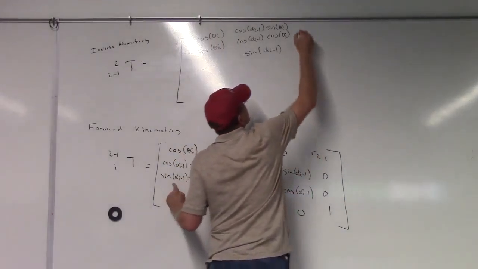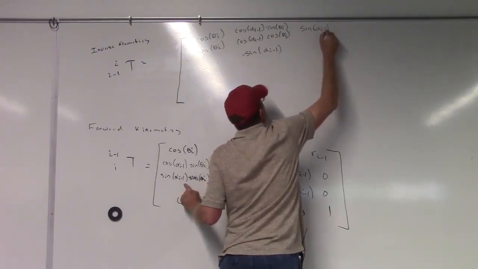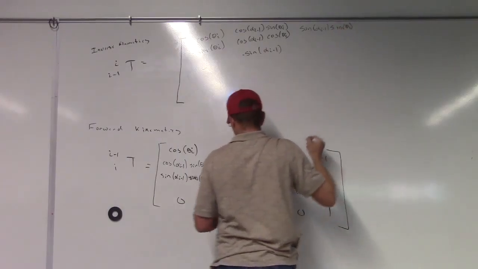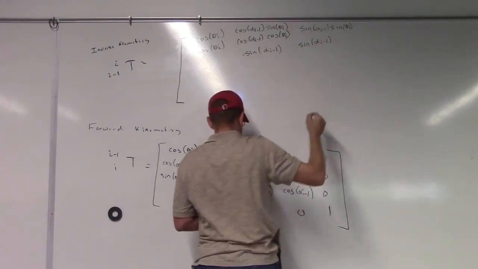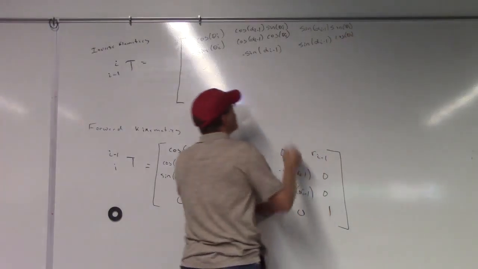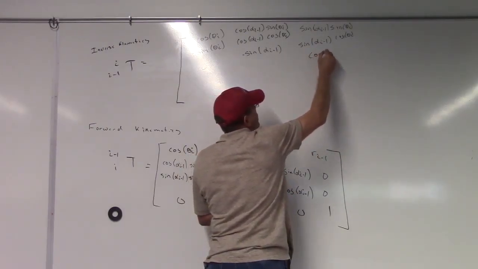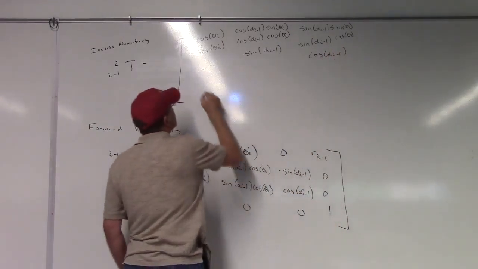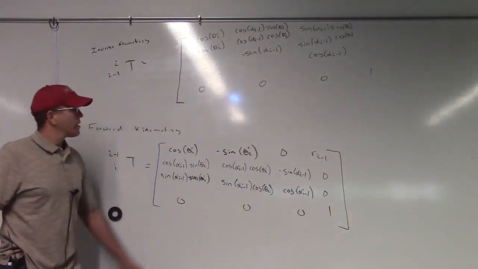And then finally, sine of alpha i minus 1 times sine of theta i, sine of alpha i minus 1 times cosine of theta i, and cosine of alpha i minus 1, and then 0, 0, 0, and 1.